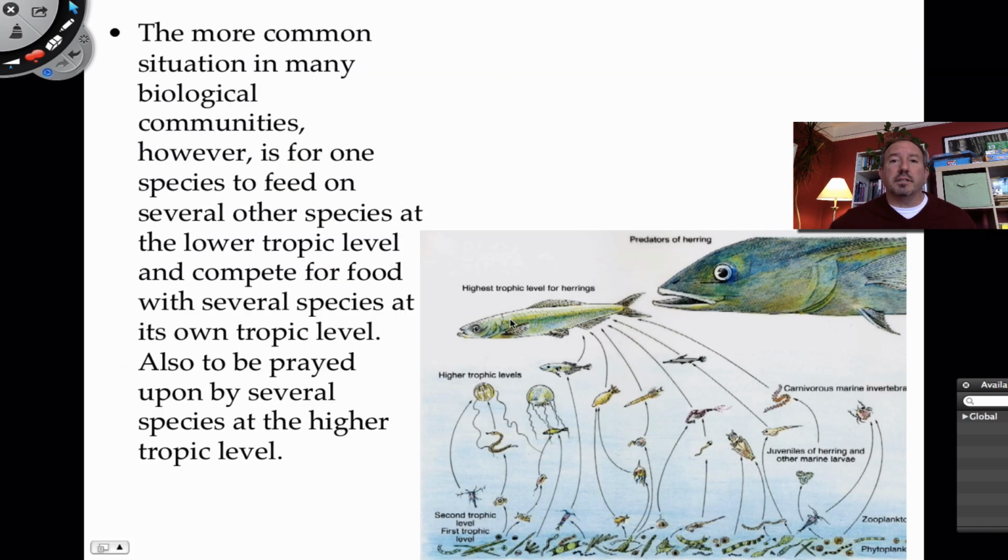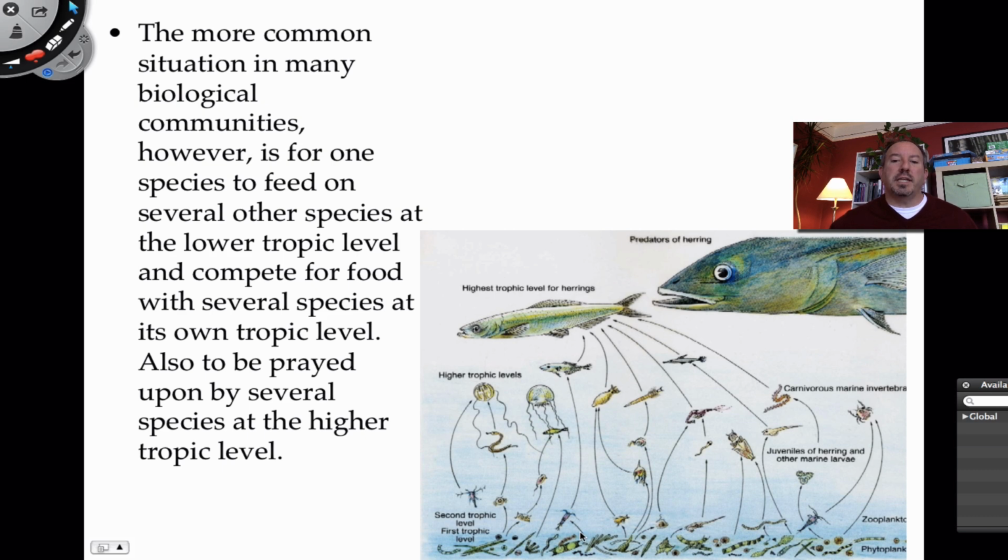But the truth is, and you know this, that in reality, the situation in a community is a lot more complex. For example, several species at a trophic level can be competing for food with other species on its own level. In other words, here's the first trophic level here. In the second trophic level, there's a lot of competition for that.